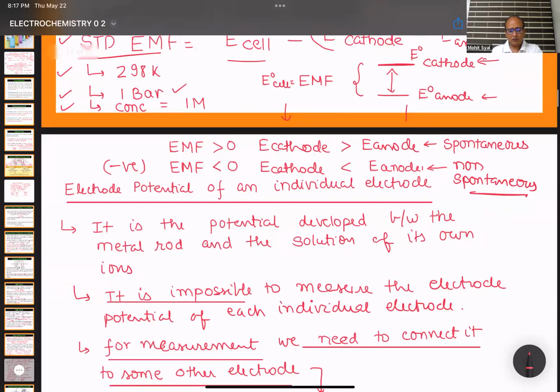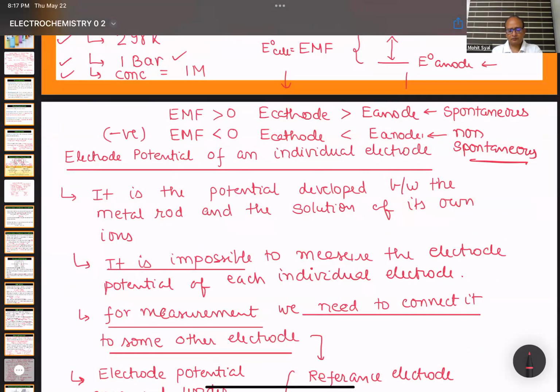And as I told you, it is impossible to measure the electrode potential of each individual electrode. Why is it impossible to measure? Can any one of you explain it to me? Why can't we measure it?